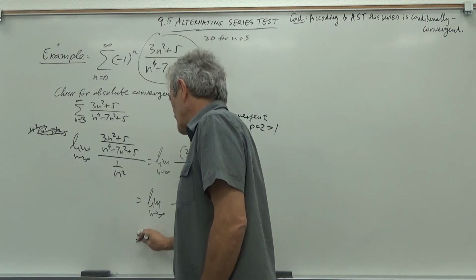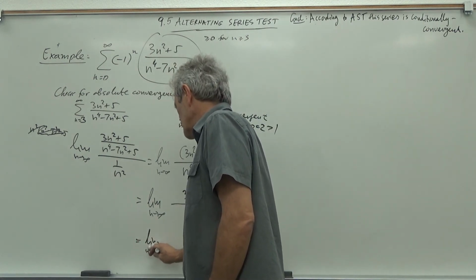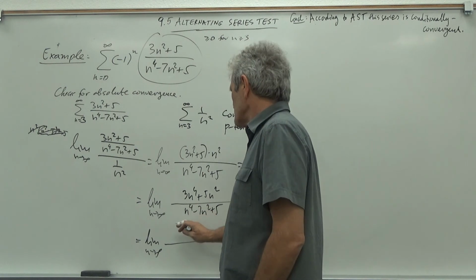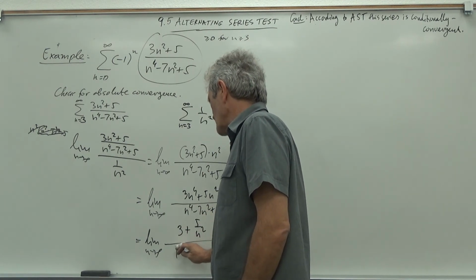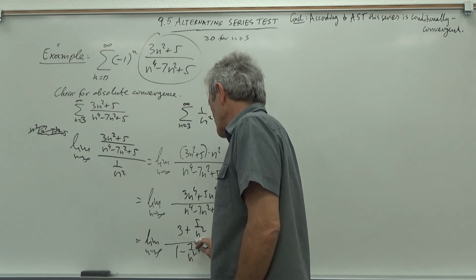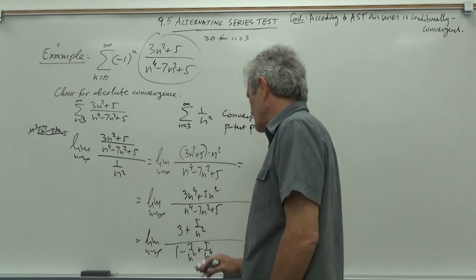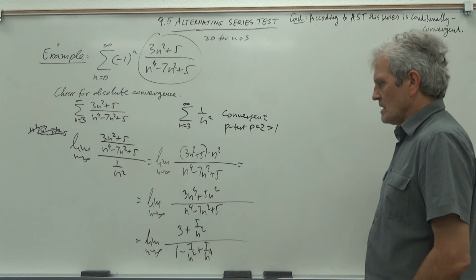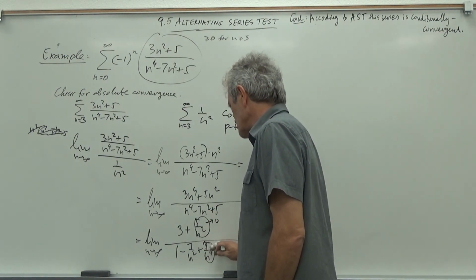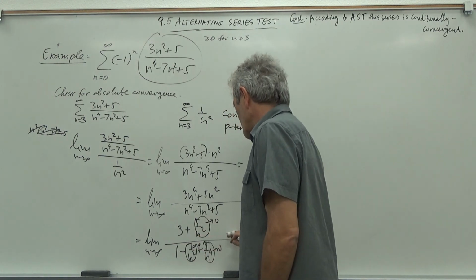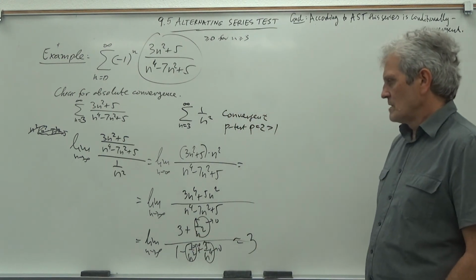When I divide by n squared, what do I get? We have n to the 4th, right? 3 plus 5 over n squared over 1 minus 7 over n squared plus 5 over n to the 4th. And then what happens? This goes to 0, this goes to 0, this goes to 0. Our limit is 3. And that's it.